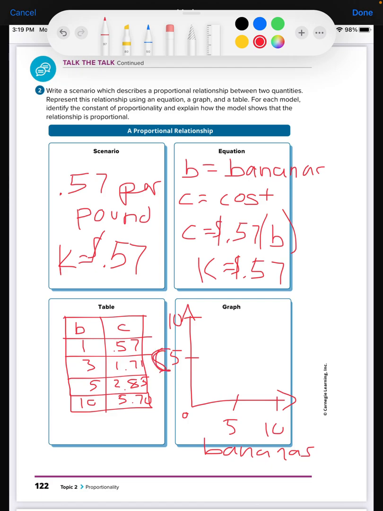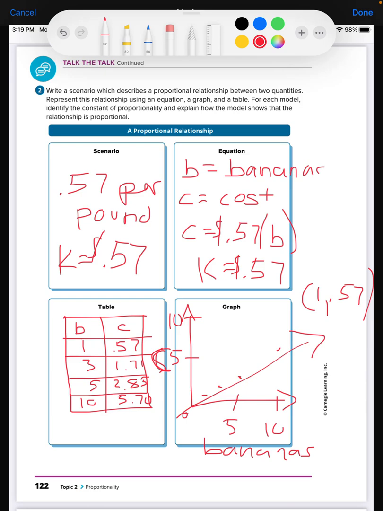Because the x is the independent, so we can change how many bananas, and the cost will change with it. So the unit rate would be, for one banana, 57 cents. So then we kind of make the chart, and it'll slowly go up. So that will go right through the origin. All right. So that is my scenario.